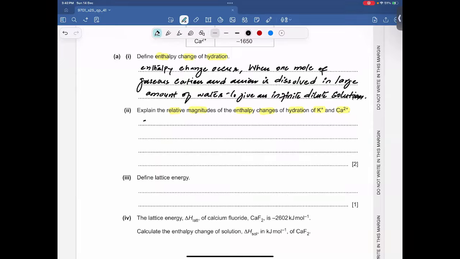So, calcium ion has a higher charge density than potassium ion.